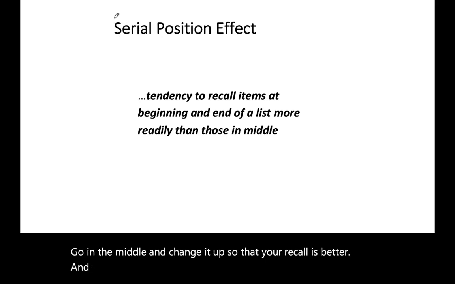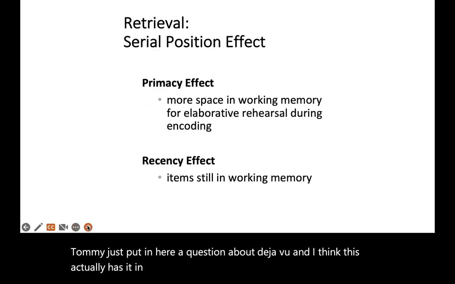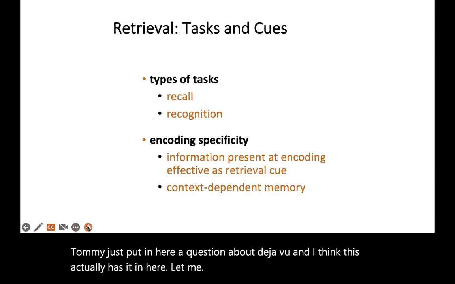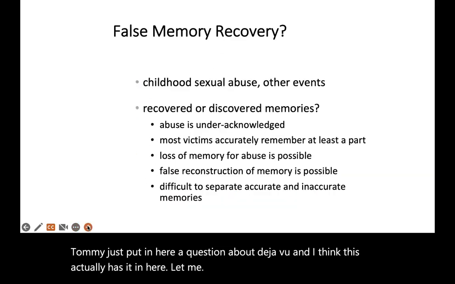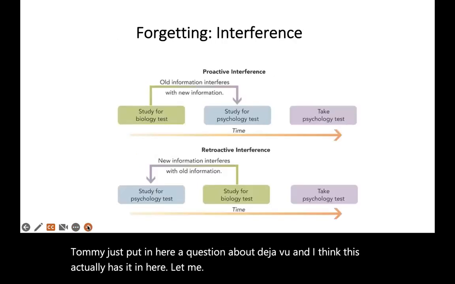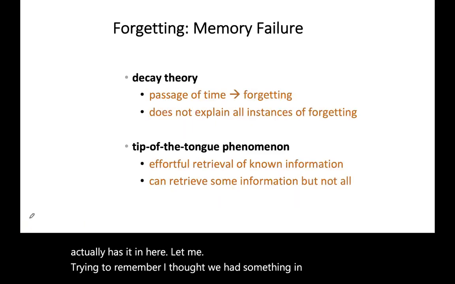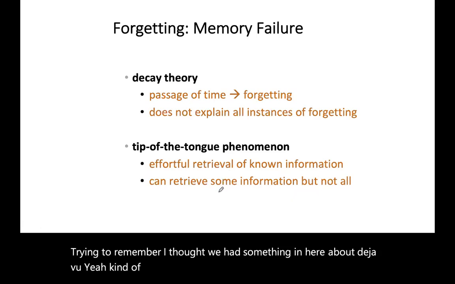And then Tommy just put in here a question about deja vu, and I think this actually has it in here. Trying to remember, I thought we had something in here about deja vu. Yeah, kind of tip of the tongue phenomenon.